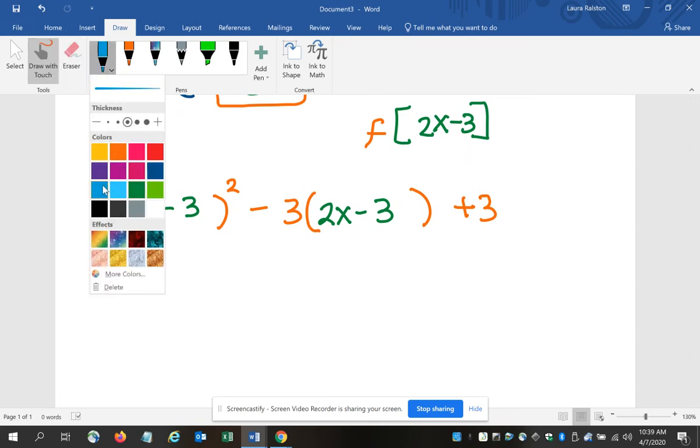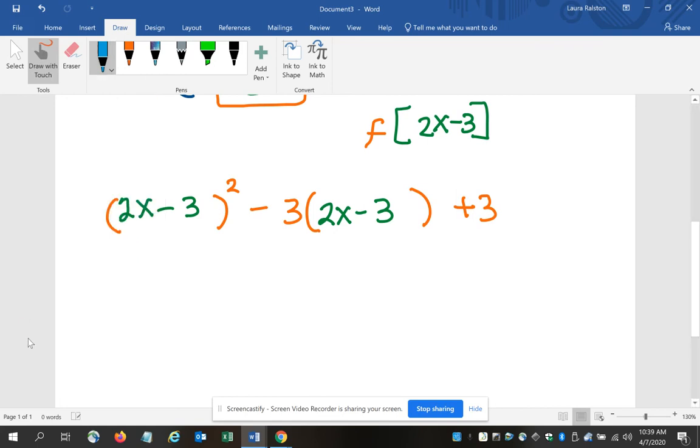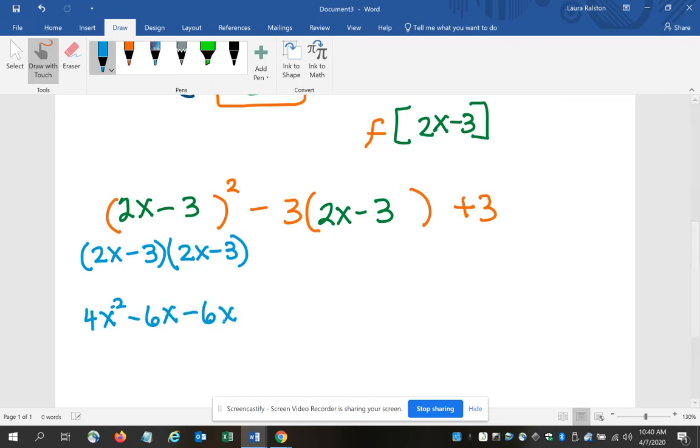You guys remember that 2x minus 3 squared is really 2x minus 3 times 2x minus 3. When you pull that expression out, it gives us 4x squared minus 6x minus 6x plus 9.